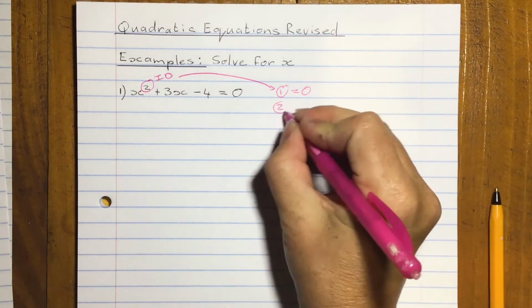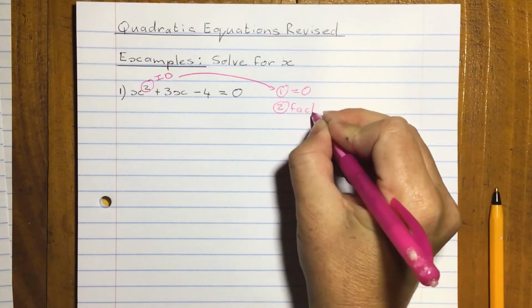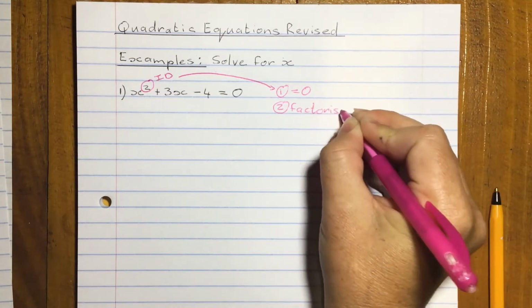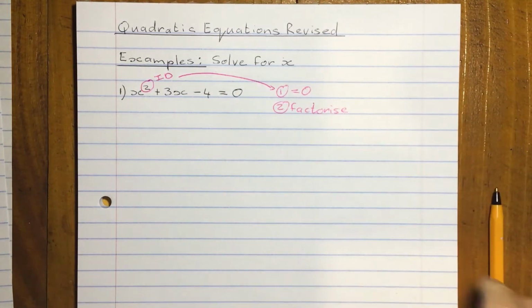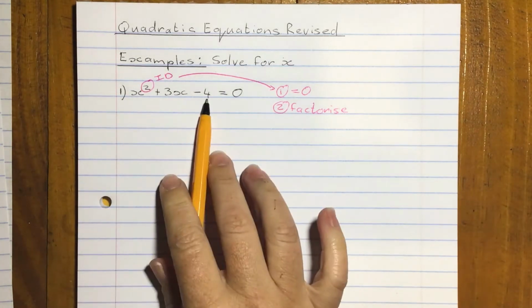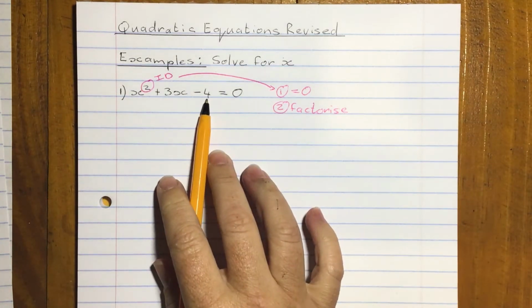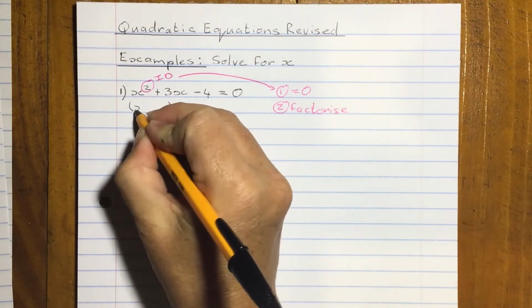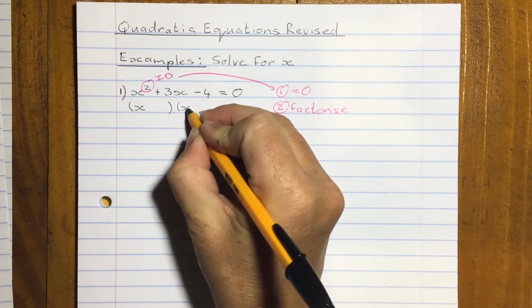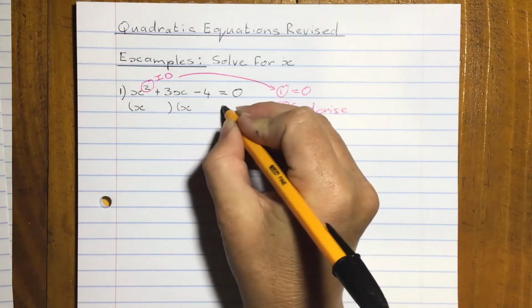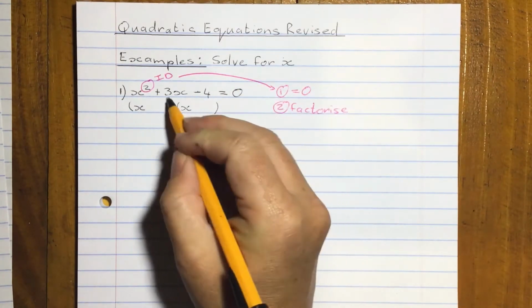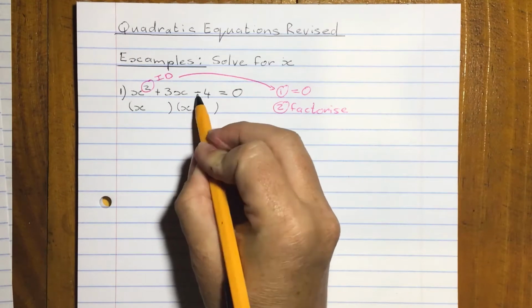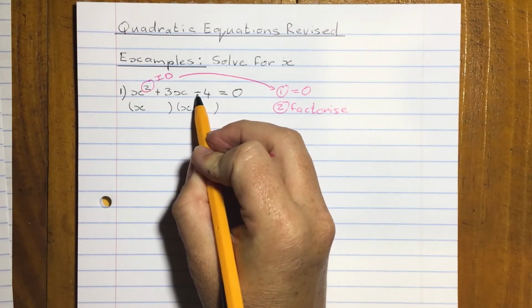The second step is you're going to factorize. And so we look at this, it is a trinomial. So we're going to have to use 2 brackets. And we know x times x gives me x squared. And a positive times a negative gives me a negative. So we know we're subtracting.